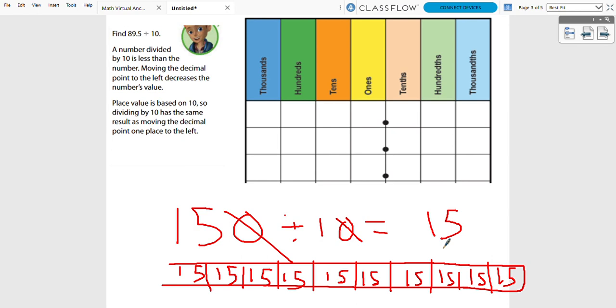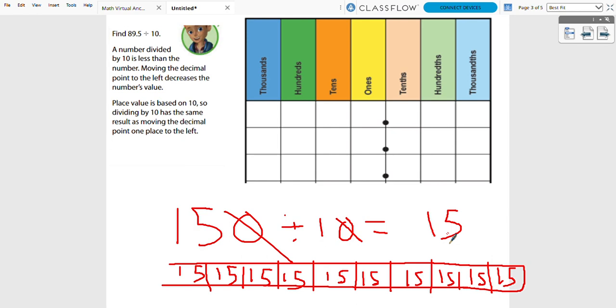You learned from kindergarten that when you have 10 ones, you can bundle them up and you have 10. If you have 10 tens, you can bundle them up and you have 100, and so on all the way up to infinity. This gives us a nice pattern and structure to work with when we are working with these multiples of 10 and dividing these decimals.